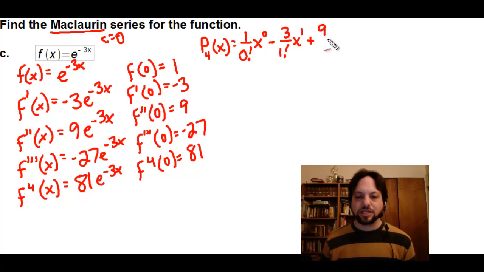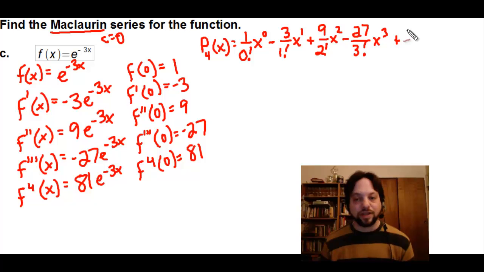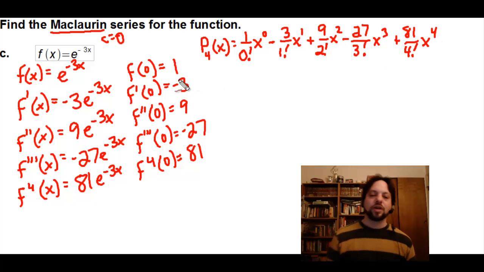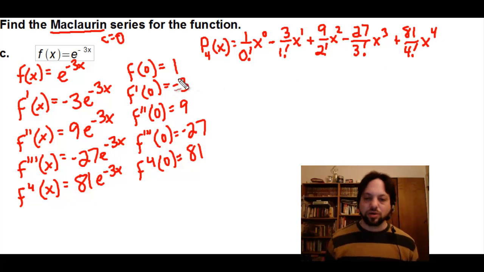And I'll continue this on. I'll have 9 over 2 factorial x squared. And notice that I am alternating here. This is clearly going to be an alternating series, so I will certainly have to deal with that. But hopefully that should not be particularly difficult to deal with. I'll just have a -1 term.